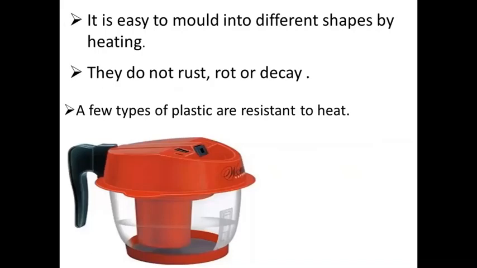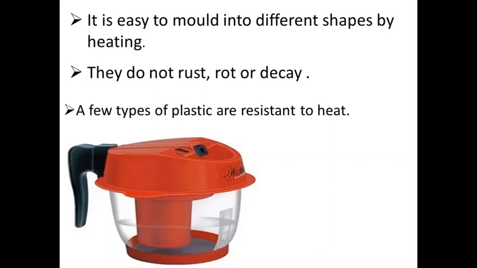They do not rust, rot or decay. Means they will not get mixed into the soil. Rot or decay means what? Do not get mixed into the soil. They do not rust. They will not be affected due to moisture. A few types of plastic are resistant to heat.